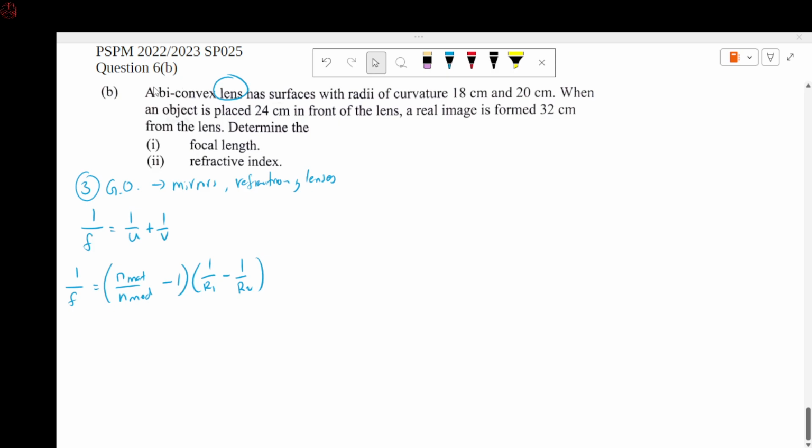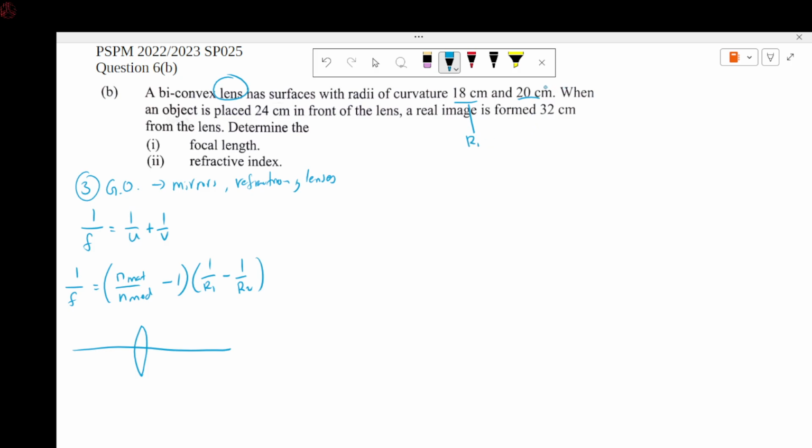All right, so now let's look at the question. A biconvex lens. So biconvex simply means that it looks like that. It has surfaces of radii of curvature 18 and 20. I just want to point out this will be your R1.